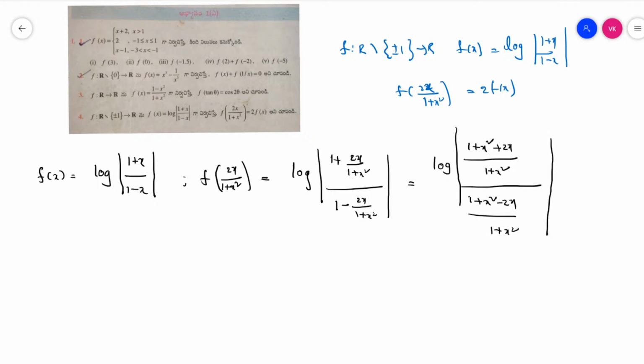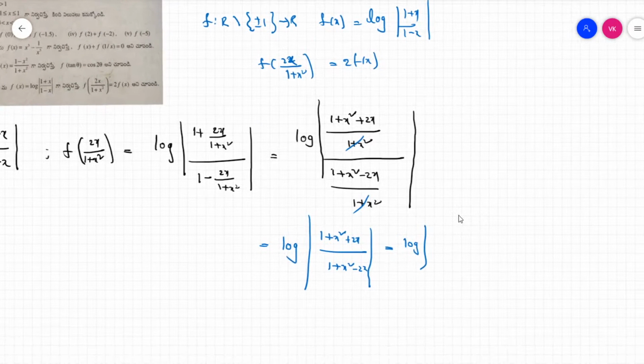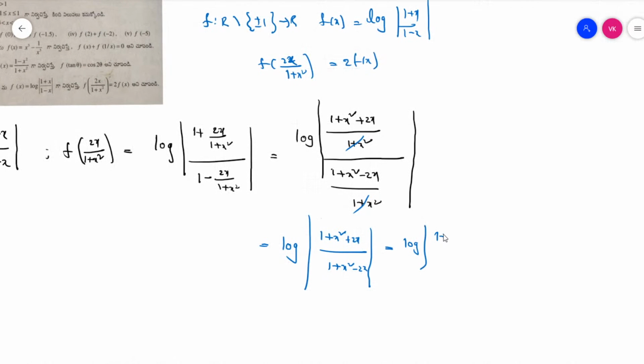Then we can easily cancel the 1 plus x square and 1 plus x square. Then we will get log of modulus of (1 plus x square plus 2x) by (1 plus x square minus 2x). Then we can write it using the square formula, like (1 plus x) whole square by (1 minus x) whole square.